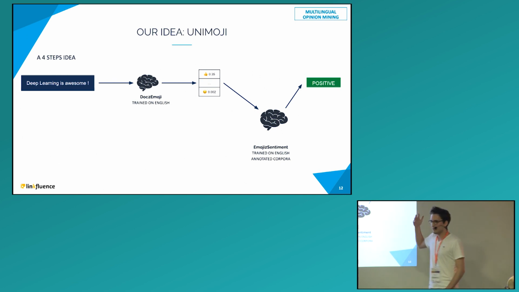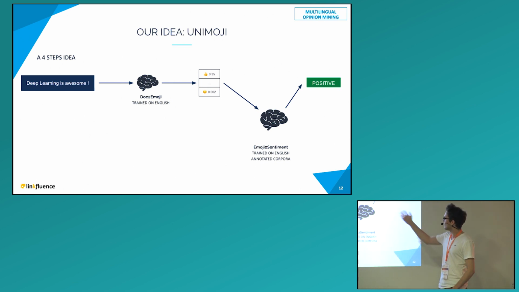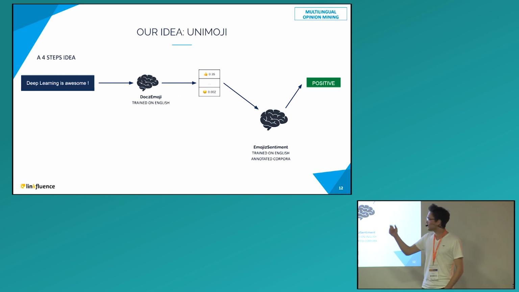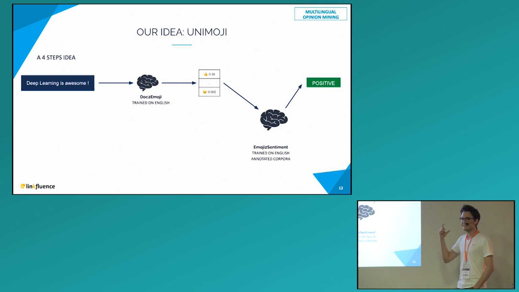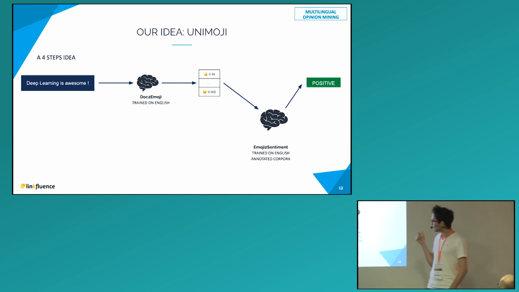And now let's imagine that we don't fine-tune this model. We just build a second model that will take the emoji probability distribution based on English language, and that will decode this emoji probability distribution into a sentiment, into an opinion mining task.